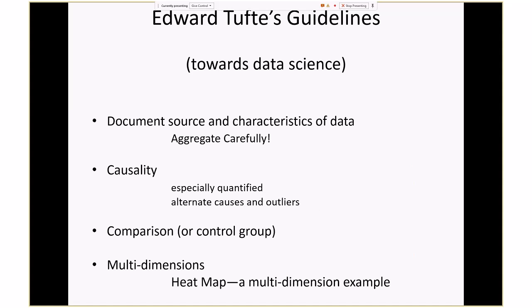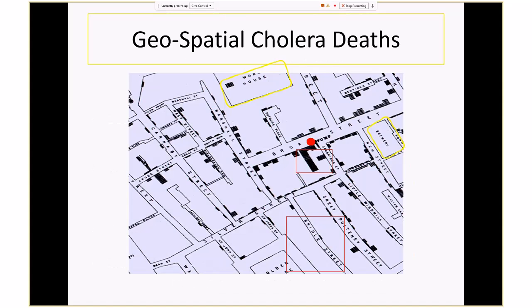So Tufte has two examples that he likes to use of cases where people showed cause and effect. This case is where somebody demonstrated cause and effect and it turned out well. And then the next one is a famous example of where people tried to do reporting and data visualization and things turned drastically, tragically wrong.